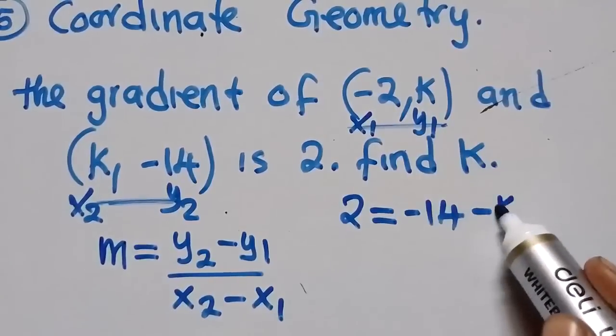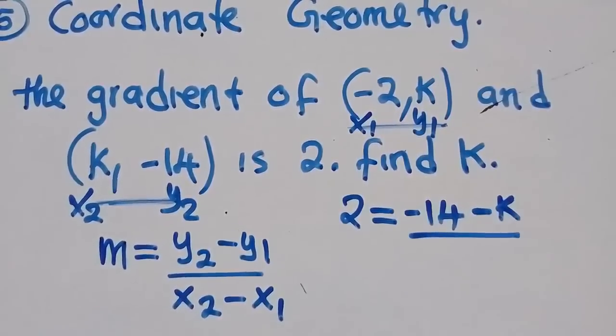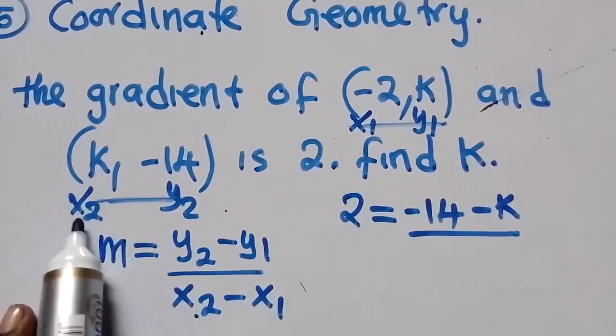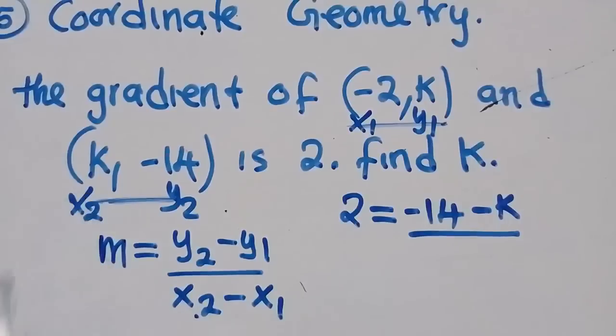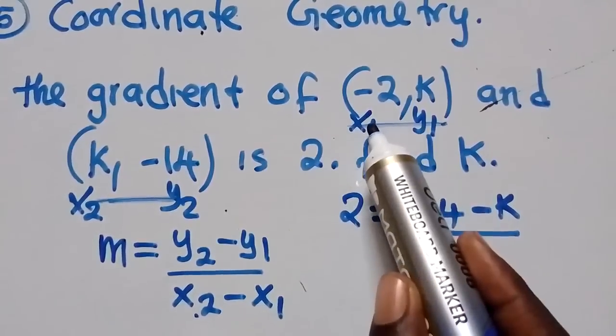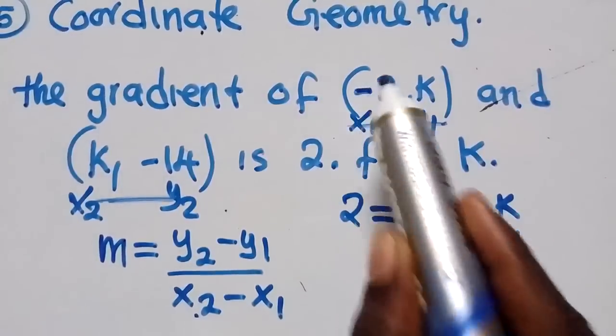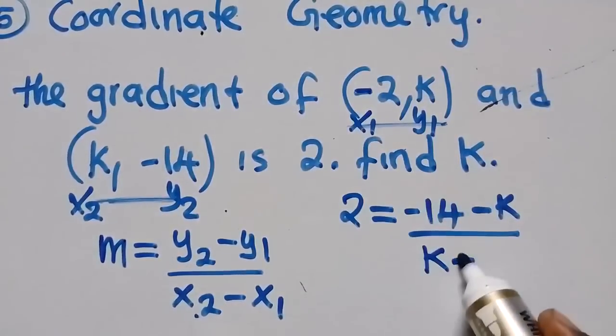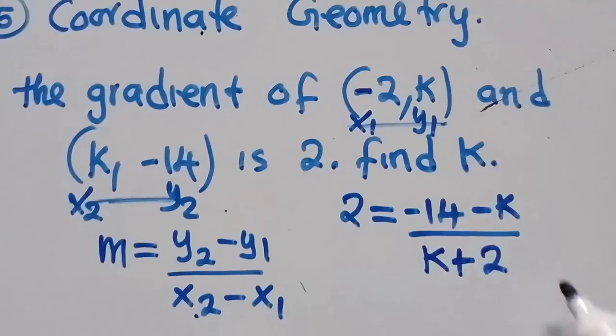Then over x2, which is k, minus x1, which is negative 2. Since this is a negative and this one is a negative, this will become a positive. This is what you're going to have.